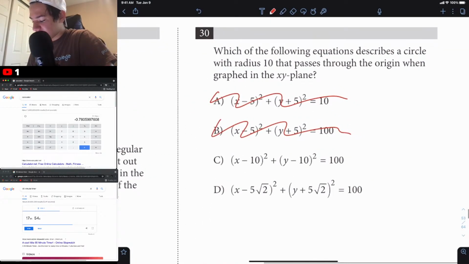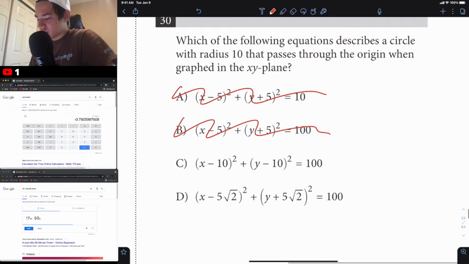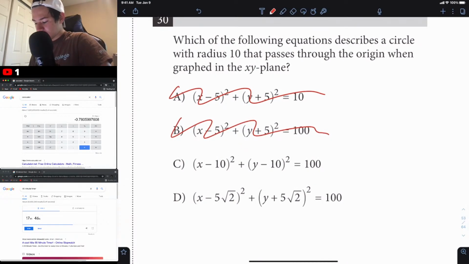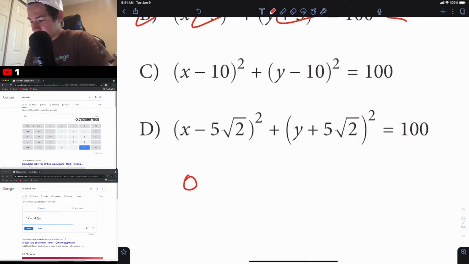Radius 10 that passes through the origin and graphed in the xy plane. Well, if you plug 0 in here, we get negative 5 root 2 squared, so that's 25 times 2, plus, and then again 25 times 2, 50 plus 50. Okay.